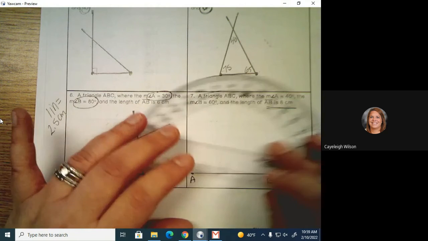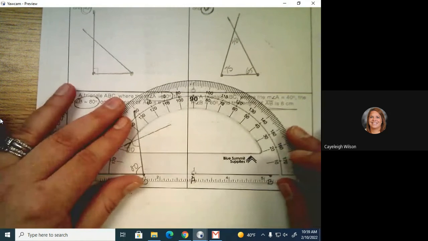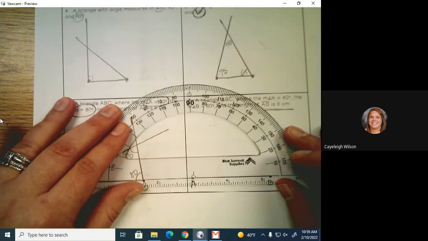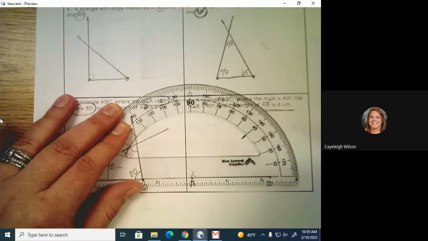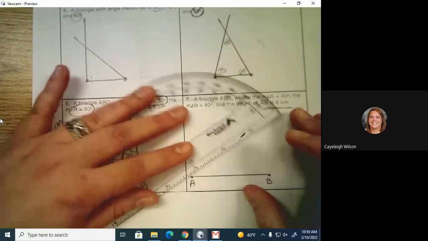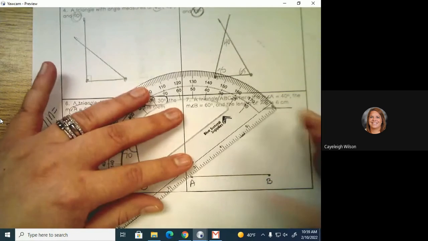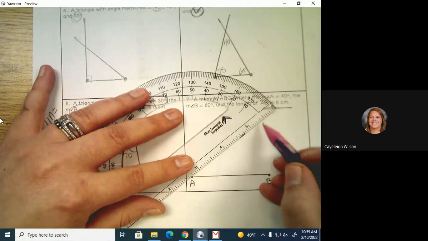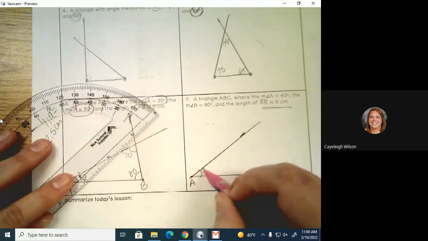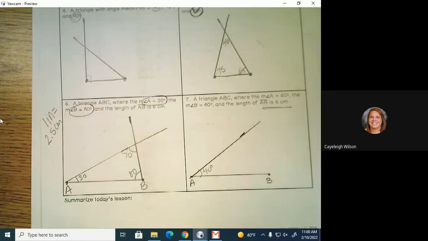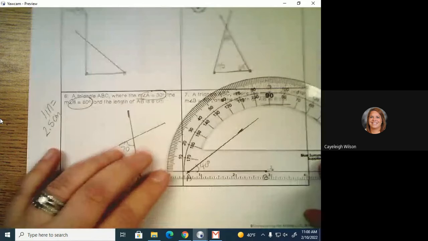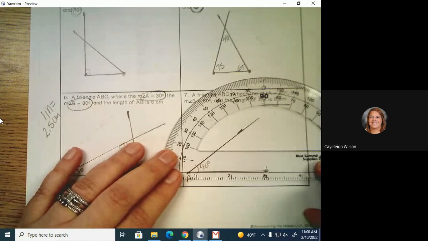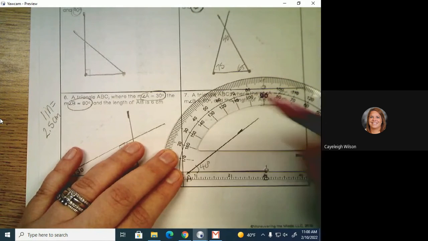All right, so I'm going to put the measure of angle A. The measure of angle A is 40. So I'm going to go right here to 40. And then I'm going to draw a line to go on my 40 there. So that's my 40 degrees for my measure of angle A. And then I'm going to put my protractor on B. And B is 60.